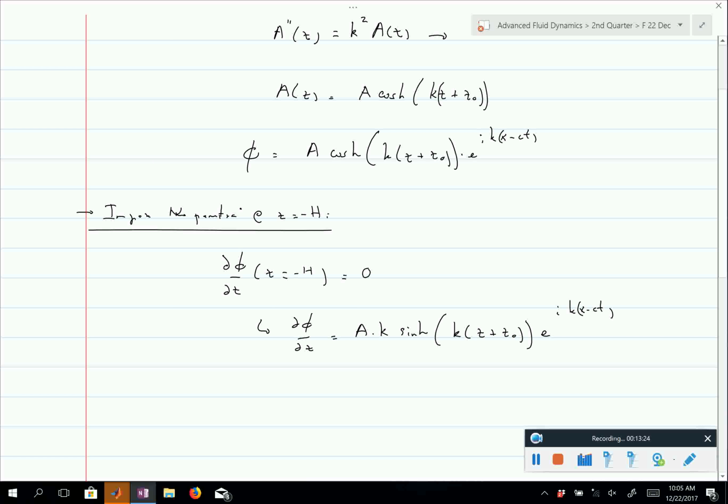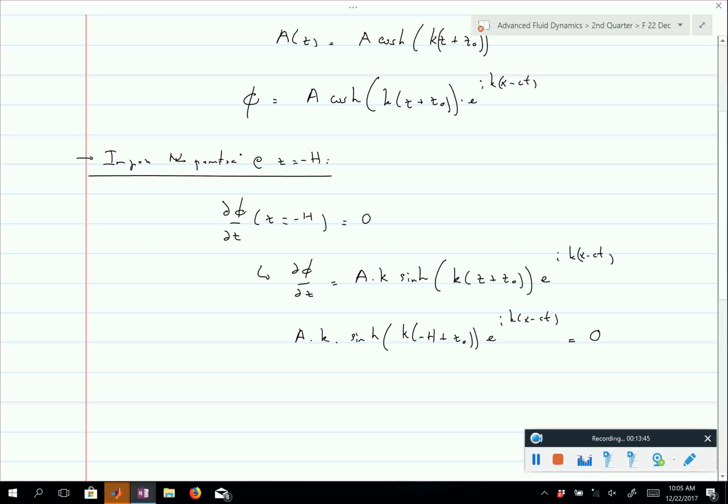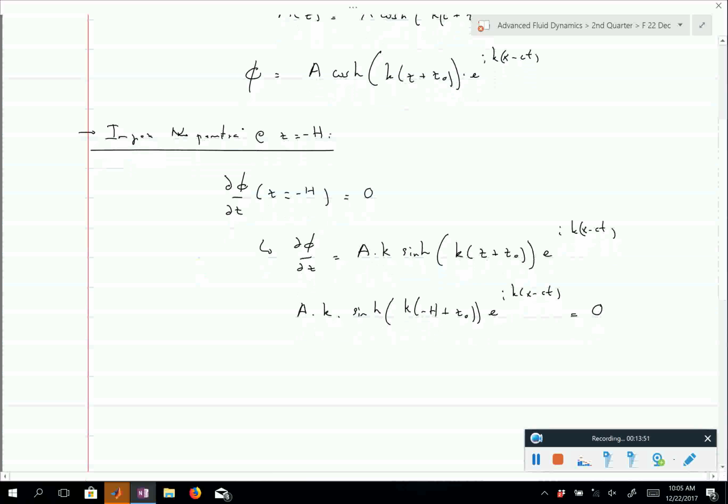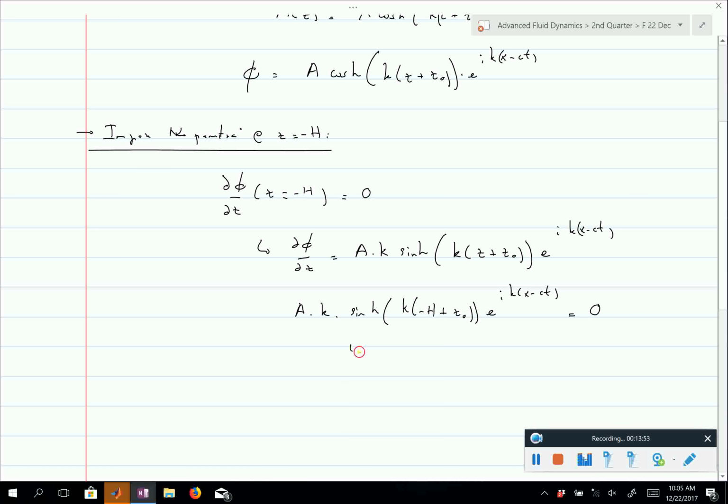So our boundary condition becomes A times k times the hyperbolic sine of k(minus h plus z naught) times exponential i k(x minus ct) equal to 0. If this is equal to 0 for all the x's and all the t's, which are not fixed, that means that this number here has to be equal to 0.